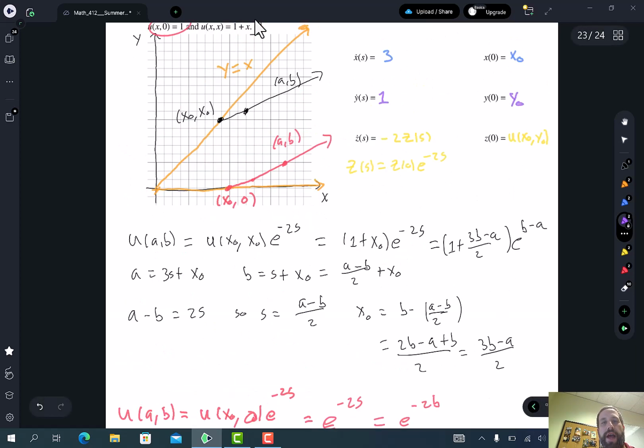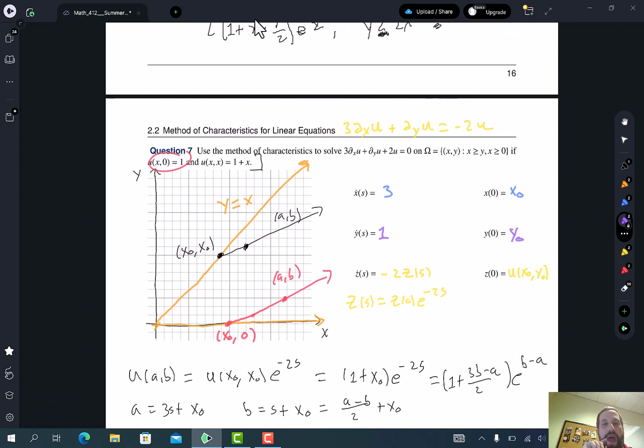Okay, and what is that dividing line? Well, where you switch from being in the top region to the bottom region is along the line y is equal to x over 3.